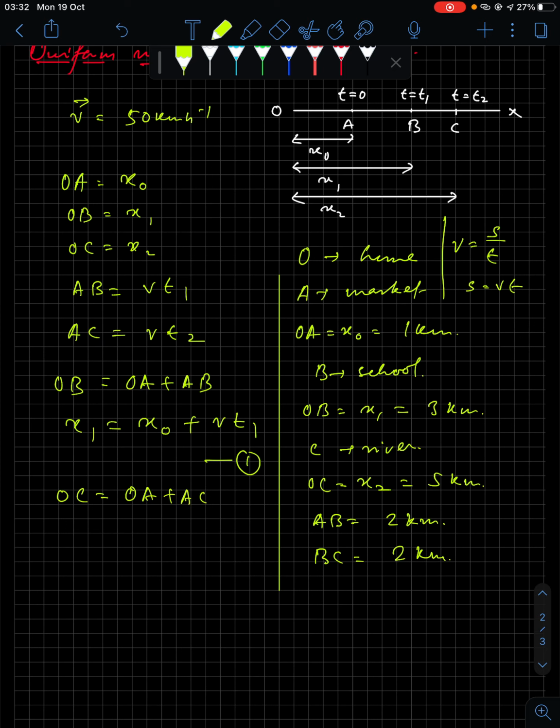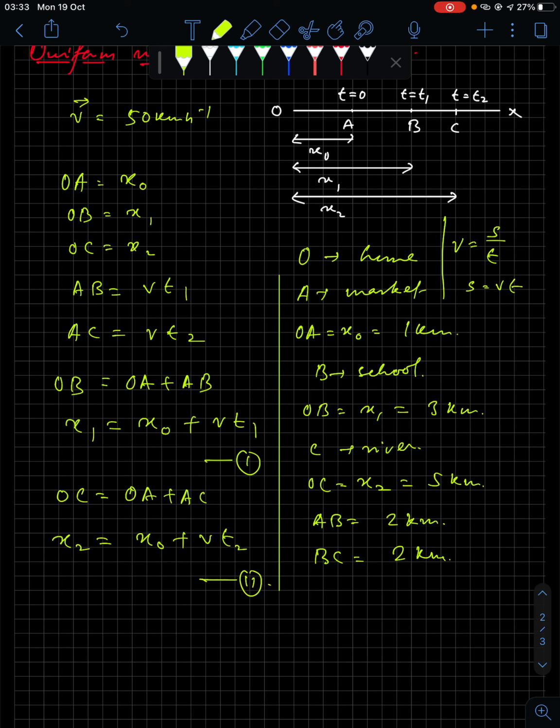So what is OC now? OC is x2. What is OA? It is x0. And what is AC? AC is vt2. So OC, which is x2, equals OA, which is x0, plus AC, which is vt2. Let this be equation number 2.